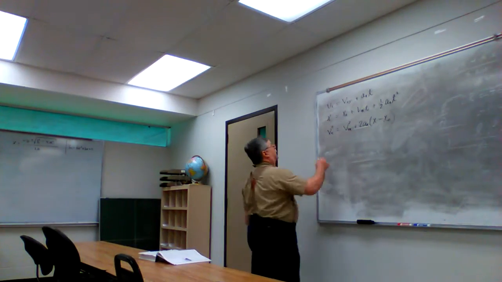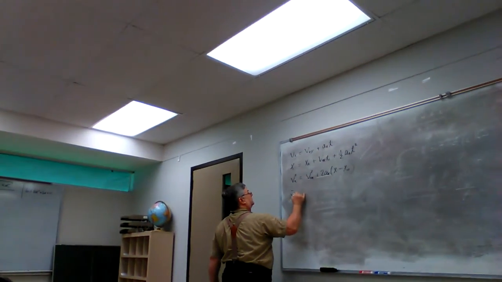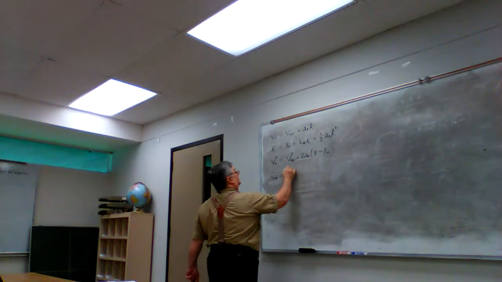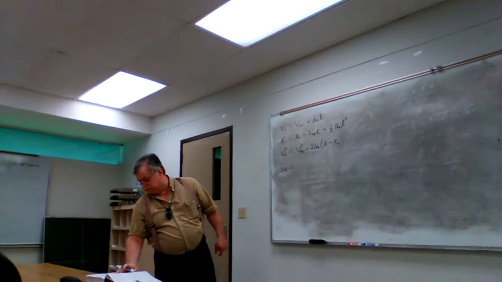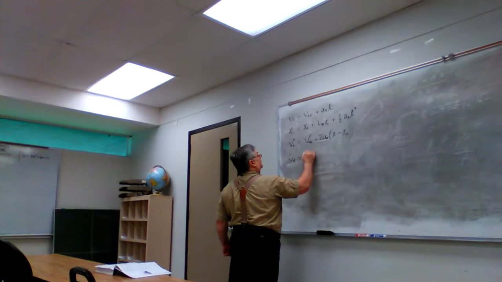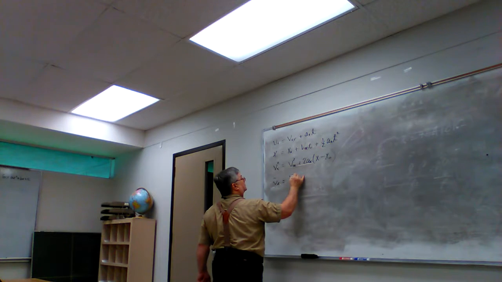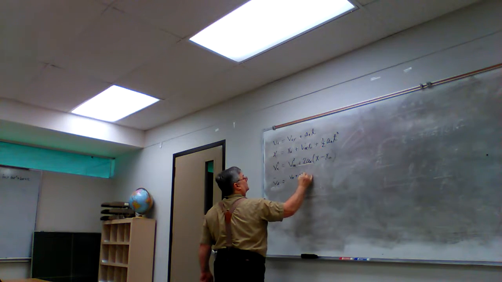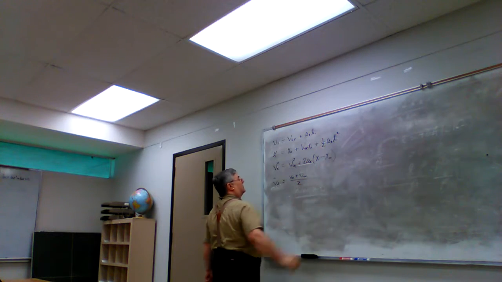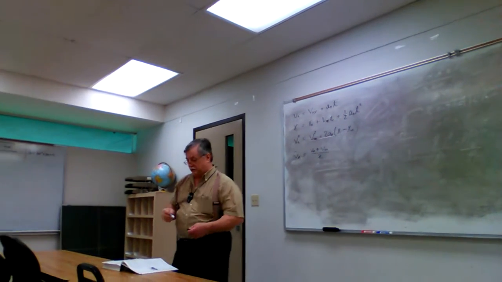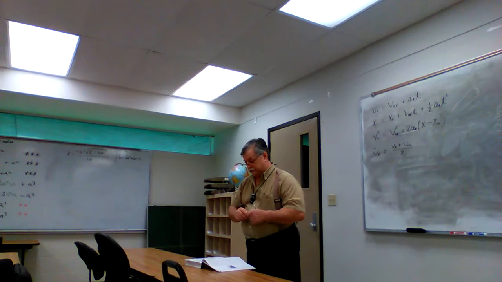And finally, the average velocity in x is simply the average of the initial and final velocities.